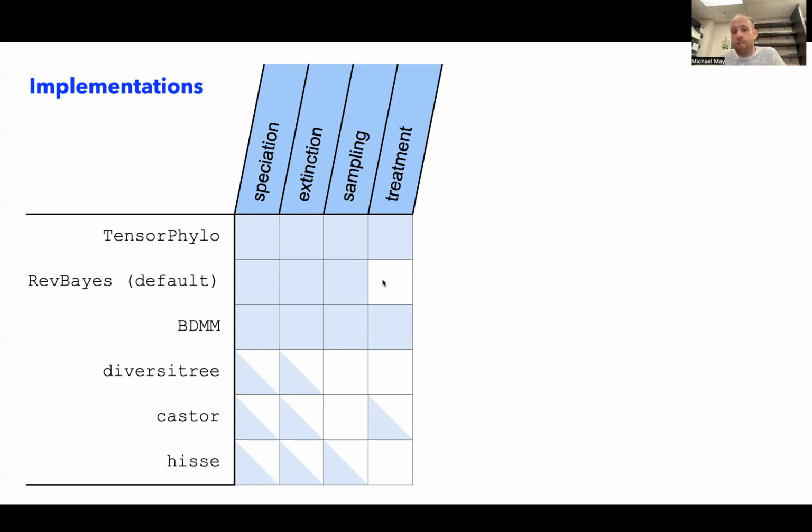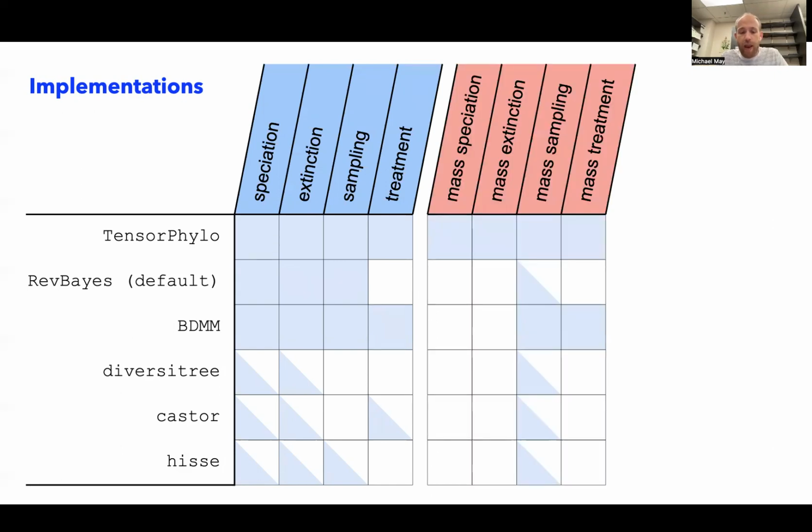Empty boxes mean no functionality, and partial boxes mean partial functionality. In this case, these programs don't implement time dependence. In terms of mass events, programs generally involve mass sampling because species are sampled at the present, but may not always implement sampling over time, so mass sampling events in the past.